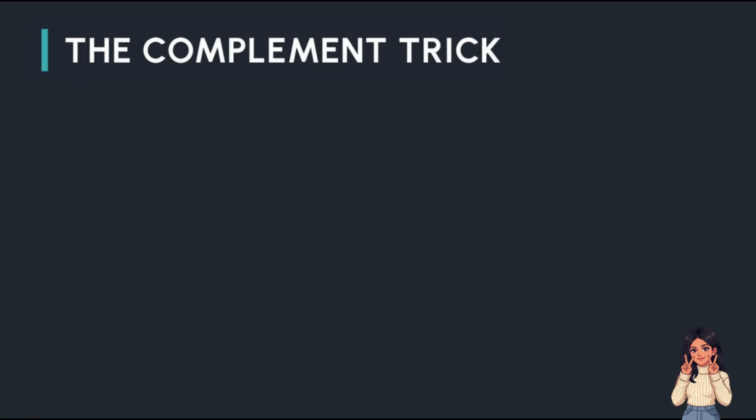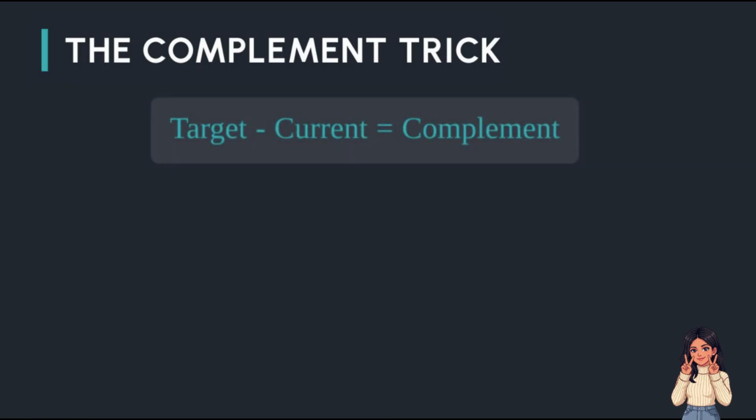Instead, we use the Hashmap complement trick. The math equation is remarkably straightforward. Target minus current value is equal to the complement we need to find. Let us track this step by step using an empty Hashmap structure we call seen before. Step 1. We see the number 4.